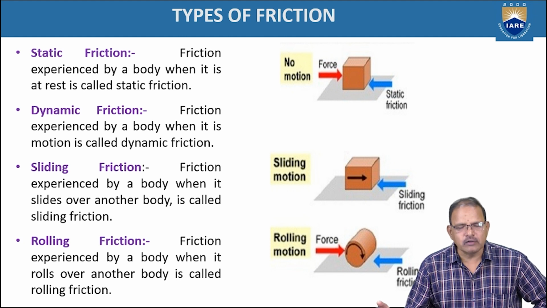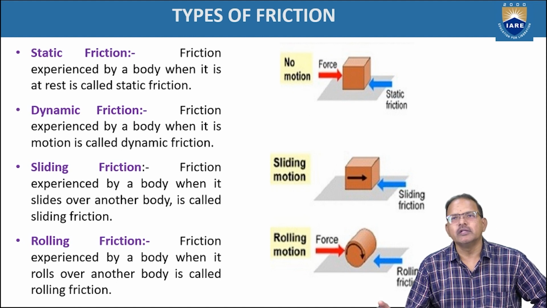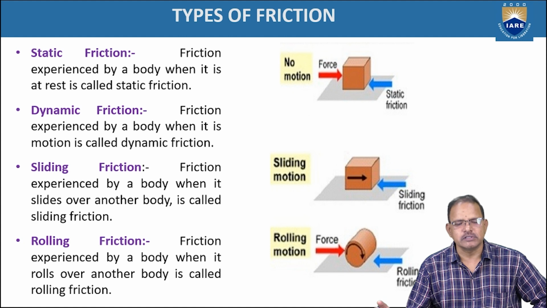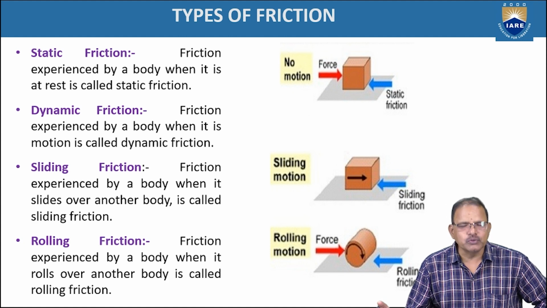But this static friction value increases when the applied force on the body increases to move it in the direction. When it is about to move, that is called maximum limiting friction. Since the body is at rest, the friction force which is experienced between the body and the contact surface up to the limiting friction comes under static friction.